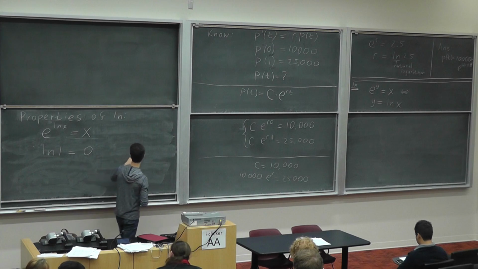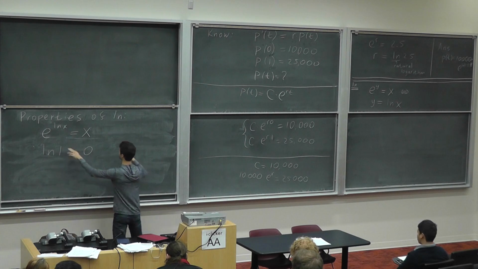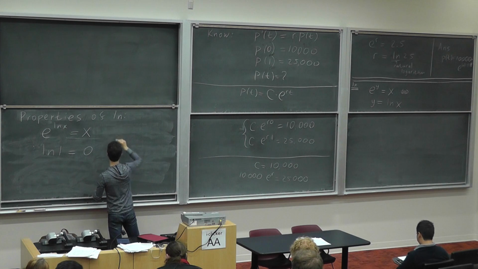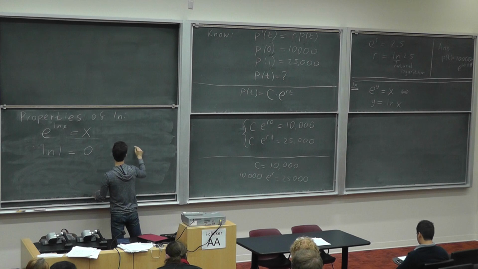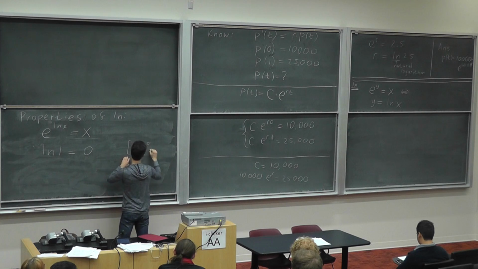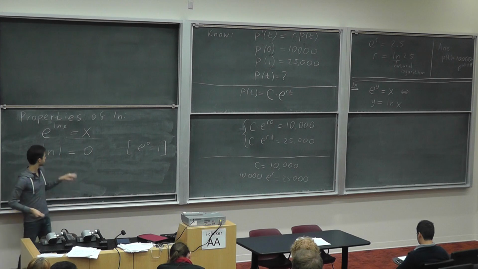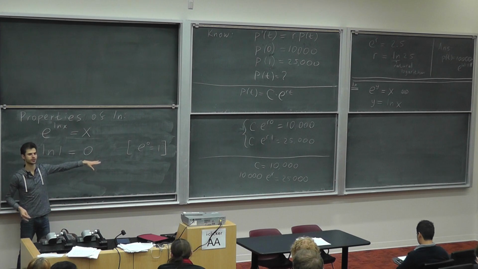So here will be the properties, here will be explanations. I can write just in brackets: e to the power 0 is 1. That's the same statement.